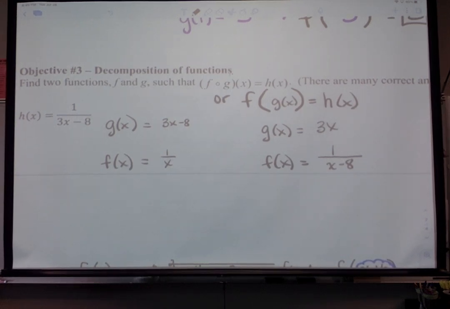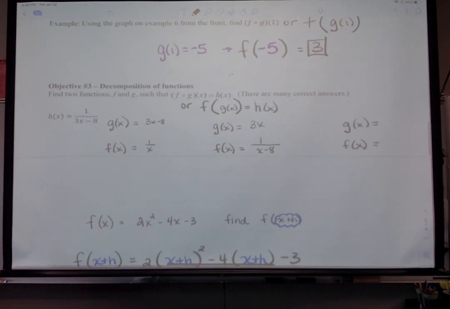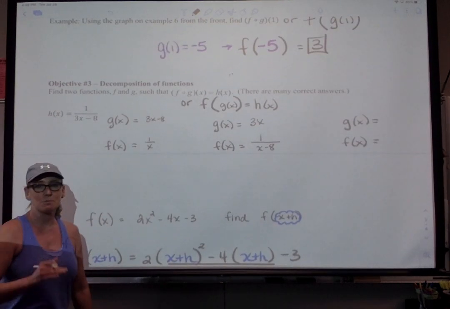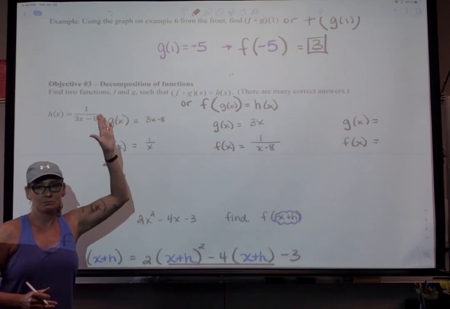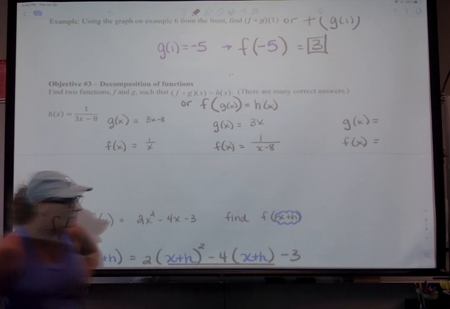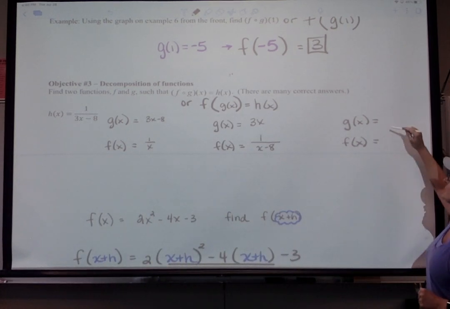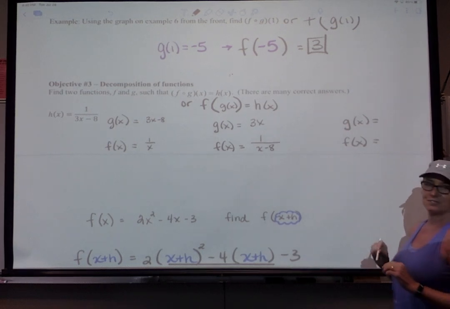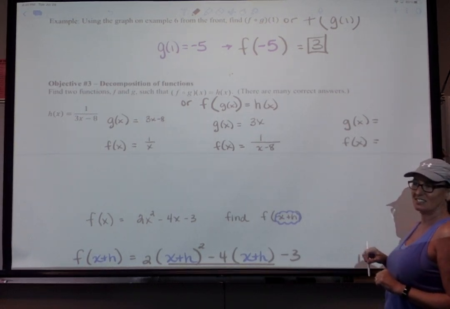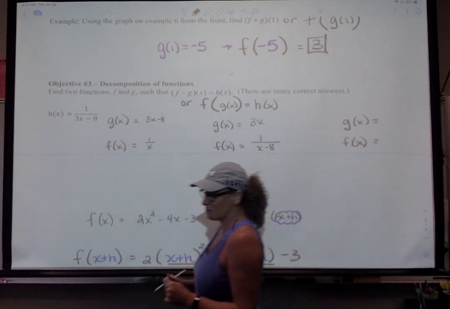Okay, and then usually when we're all live and we're all in the classroom, I always get this smart aleck that raises their hand. They're like, I've got one. What if I made g of x just x, and I made f of x 3x minus 1 over 3x minus 8?